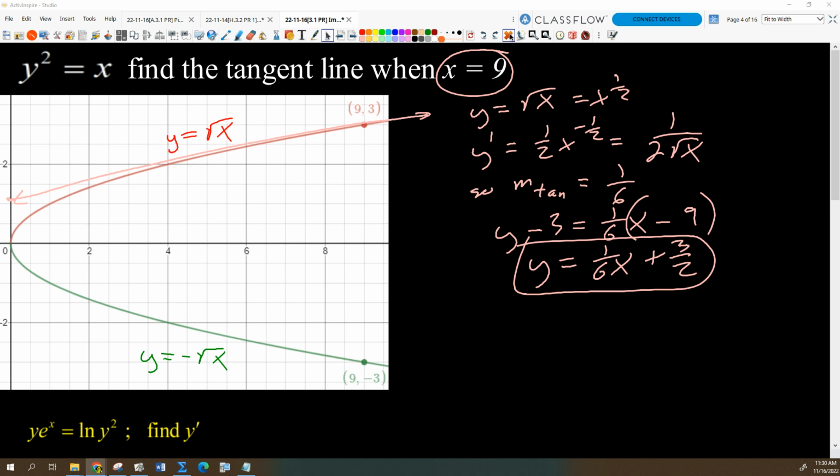Now, or is an important word here because if I take those as separate pieces, each of them is a function on its own. Whereas the overall graph clearly violates the vertical line test, right? So this relation, y squared equals x, is not a function of x, right? It's not because it violates the vertical line test.